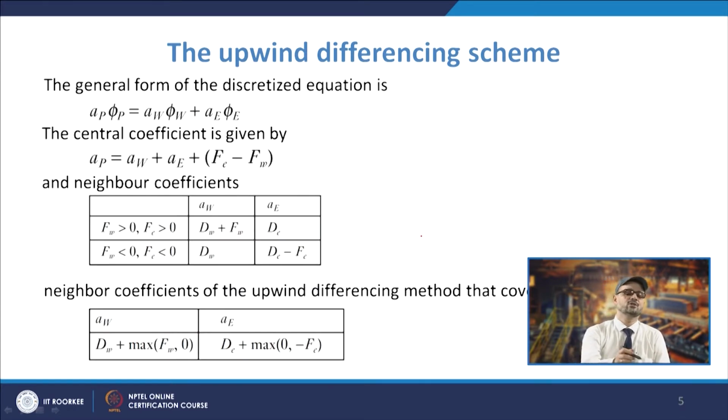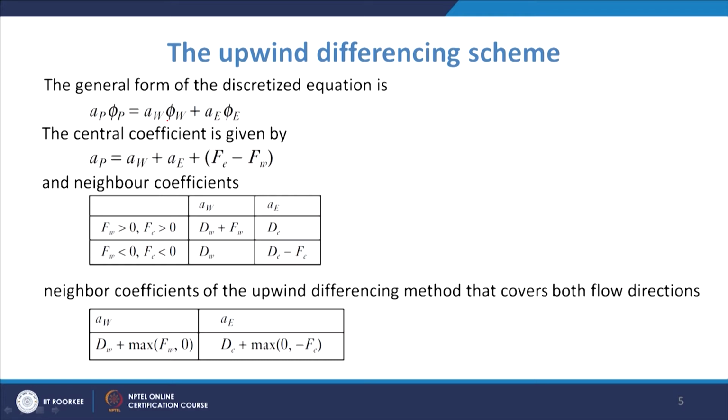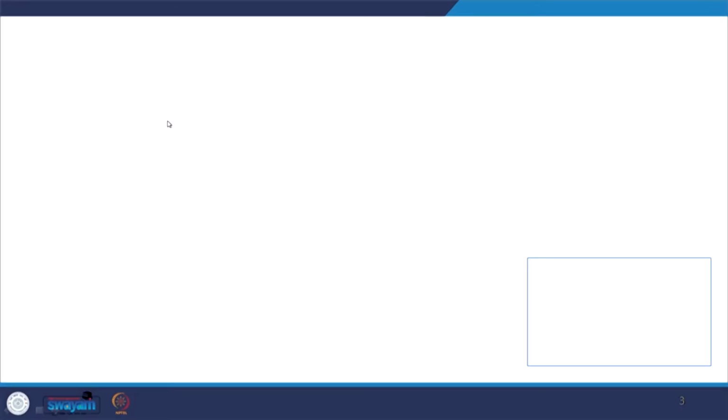Then you get these values in terms of A P phi P, which will be equal to A W phi W plus A E phi E. So, your central coefficient will be given by A W plus A E plus F E minus F W. Now, what we see in the case of this upwind differentiation scheme is that you can have the idea about how that changes.